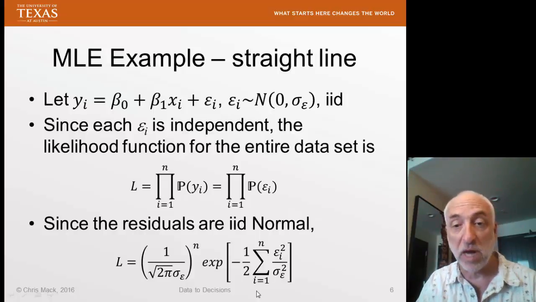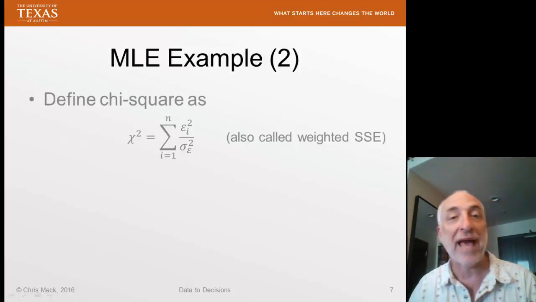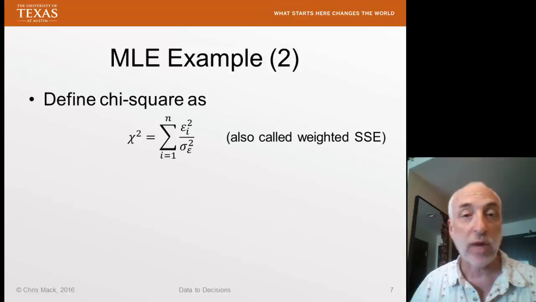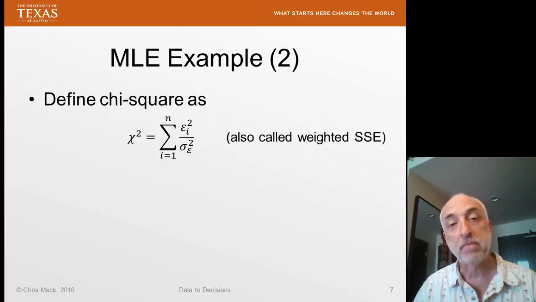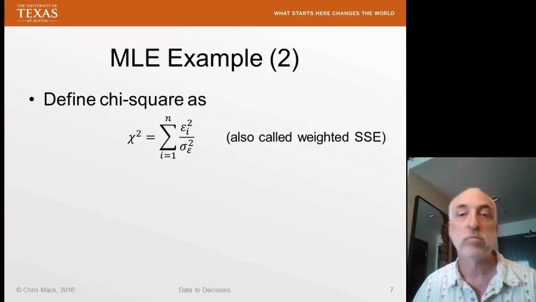This summation, i to n, of the residual squared divided by the variance of the residuals, we're going to give a special name. We're going to call that chi-square. Chi-square is just the standard name that people give to this particular function.